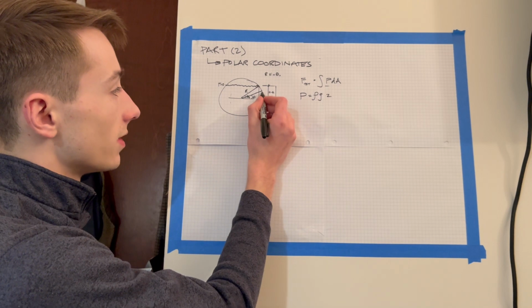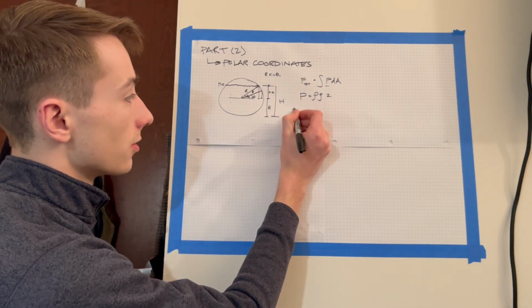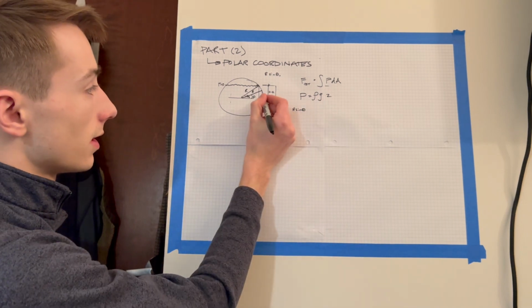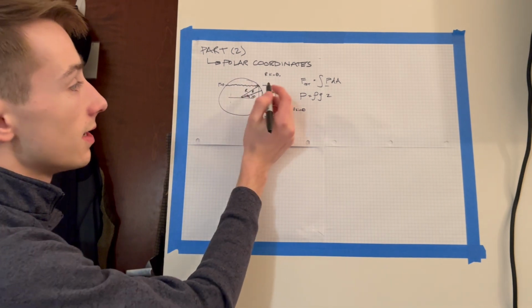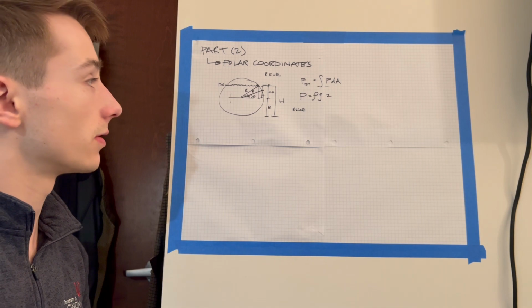So if the depth here is, again, r sine theta, right? That's this. We can compare it to our original r sine theta naught for the difference in depth, because that's what's going to give us our pressure, okay?